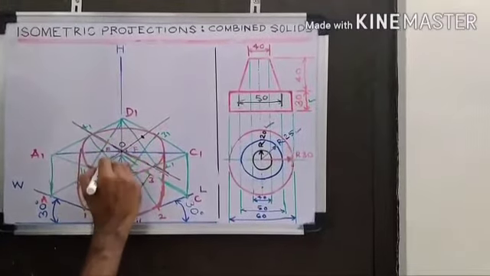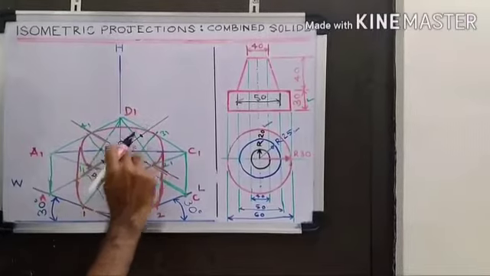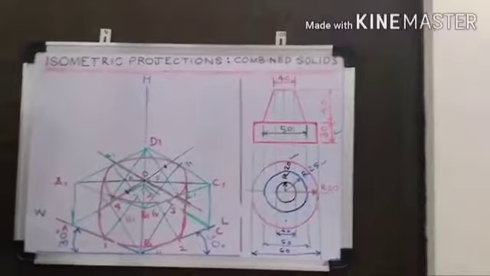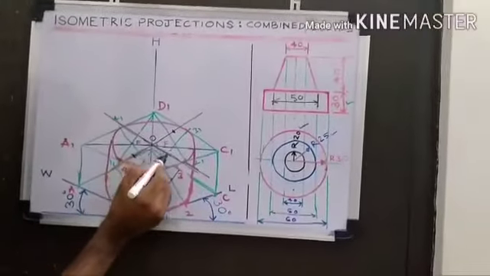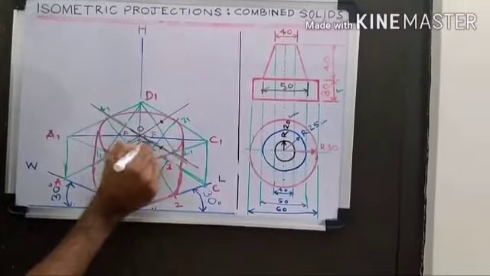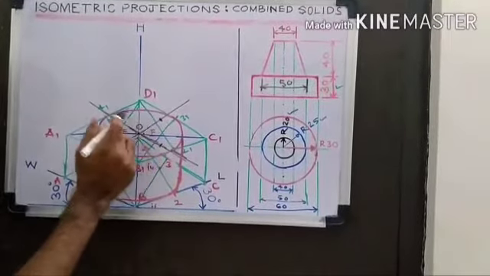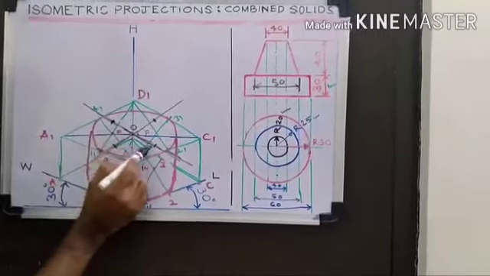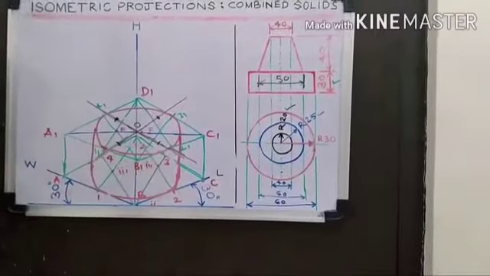Isometric length of 25. Left side, right side. Similarly, isometric length from this O to this side and isometric length upwards. Now this is 50, this is 50.